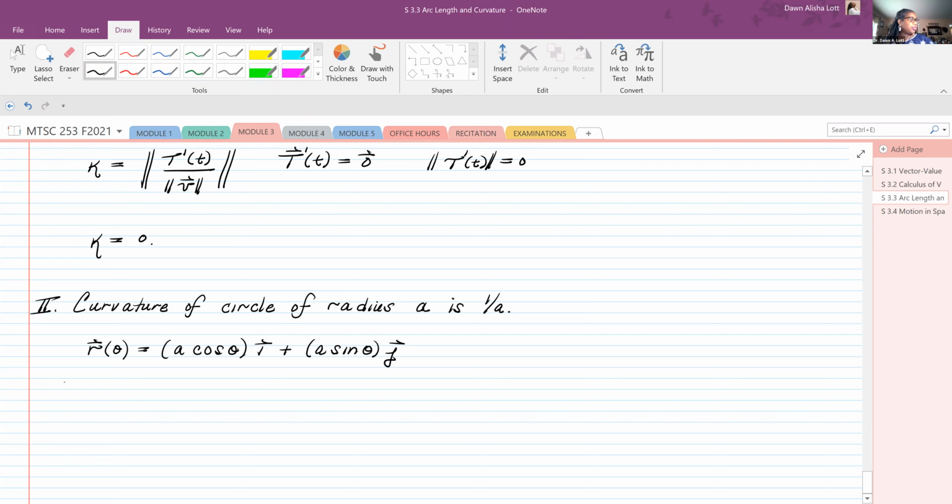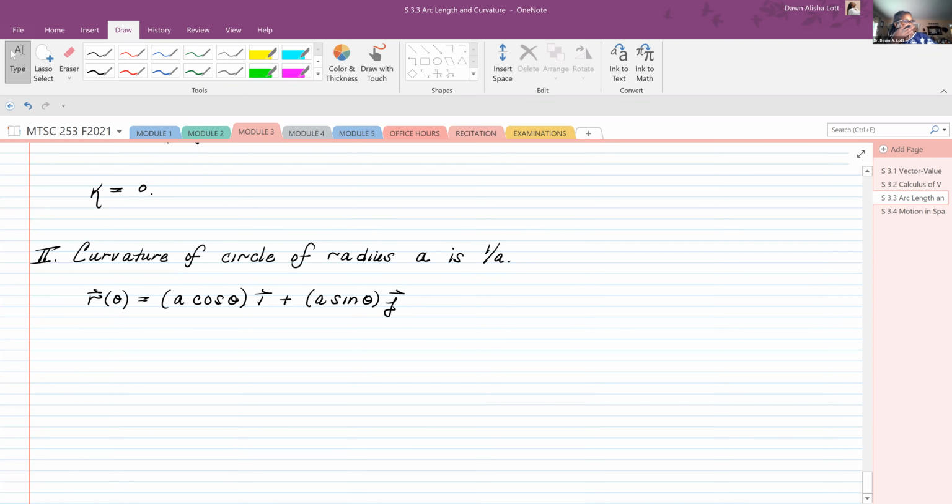So it's just a plain old circle. And I'm going to parameterize it in terms of the arc length s. So therefore, I'm going to let theta equal s over a.